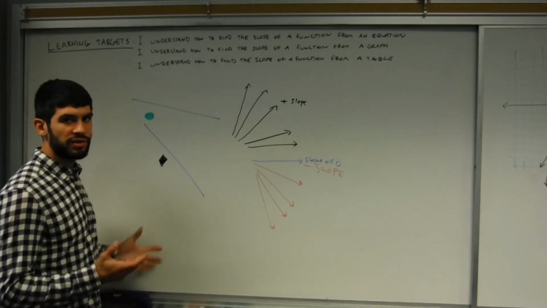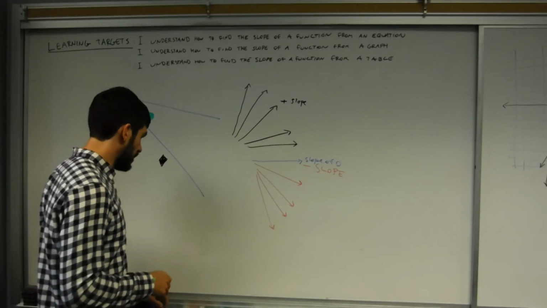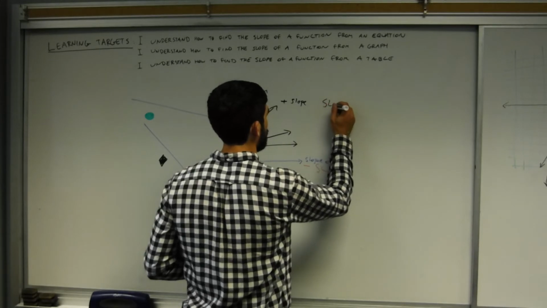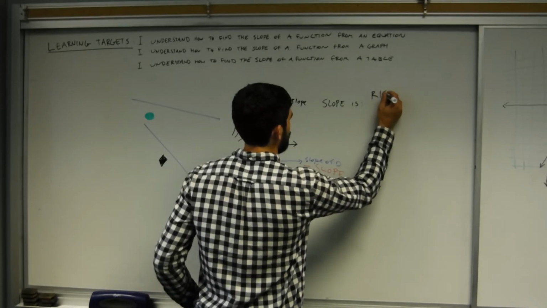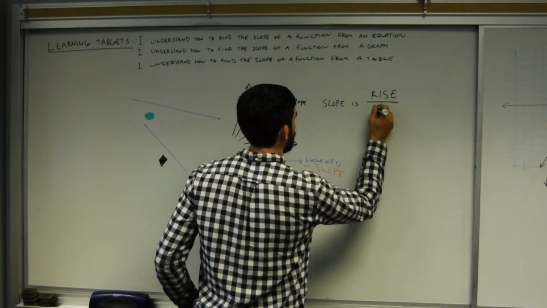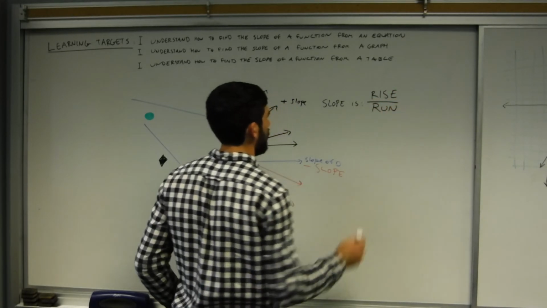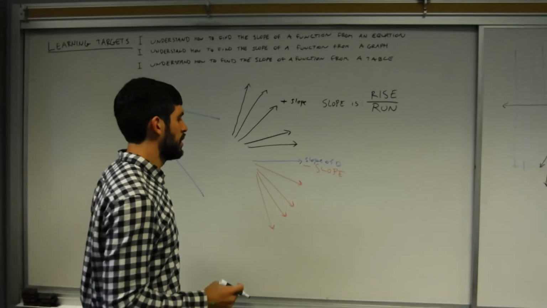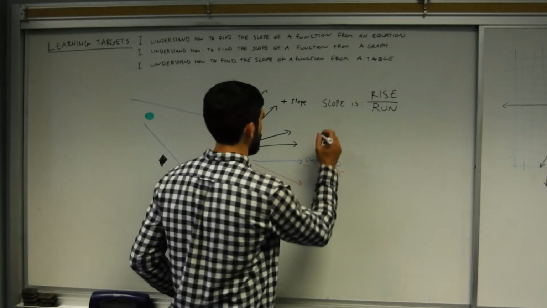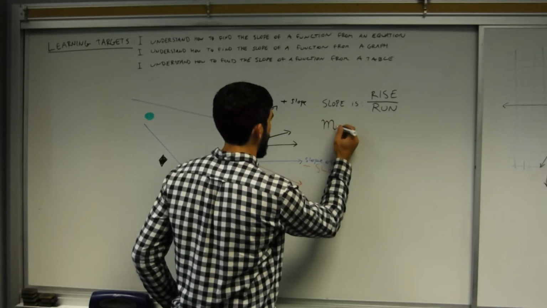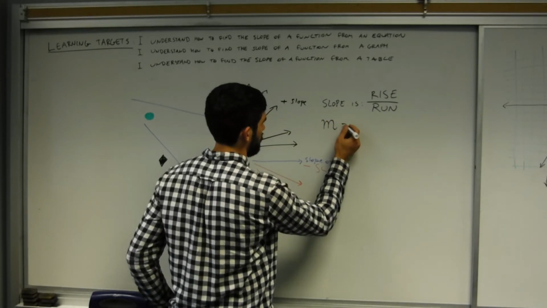Our mathematical definition is that slope is the rise over the run of a function. We often use an m to represent slope.